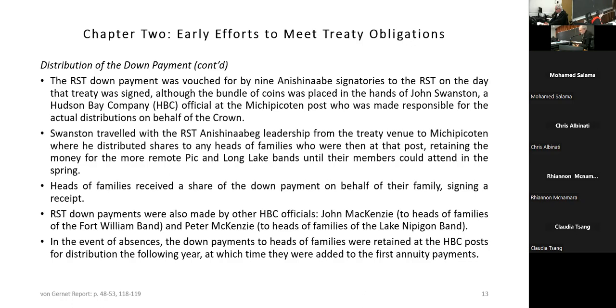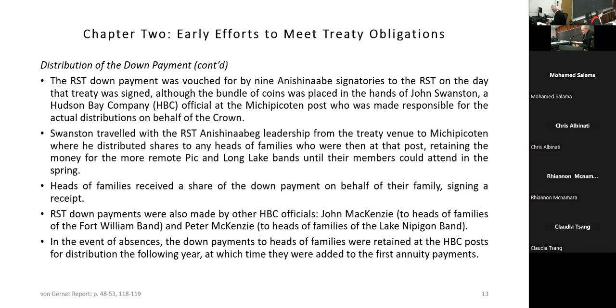So unlike the RHT, which had eventually a different approach, before I get to that, just simply that the heads of the families each received their share on behalf of their family, and they also signed receipts.